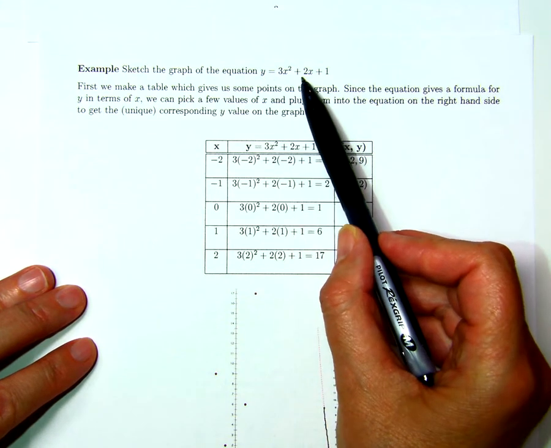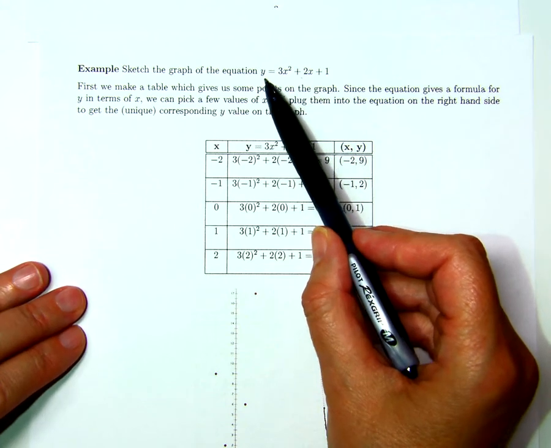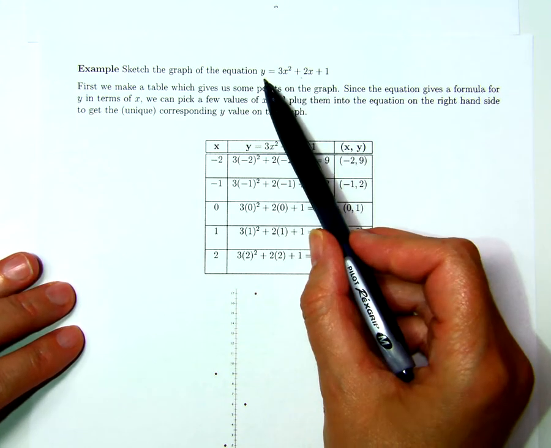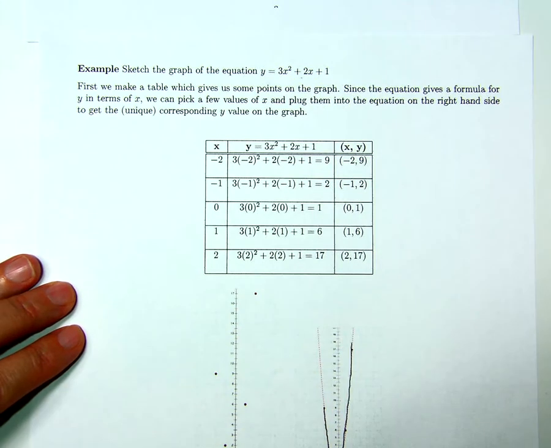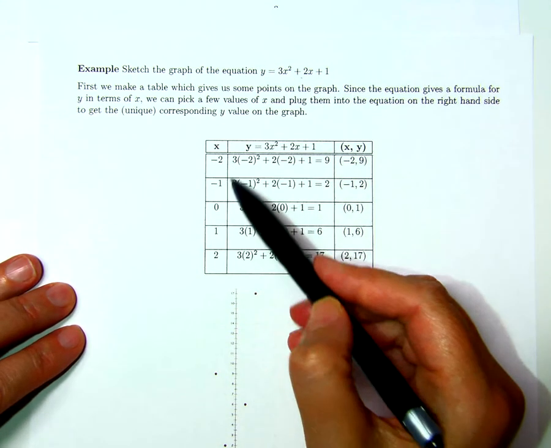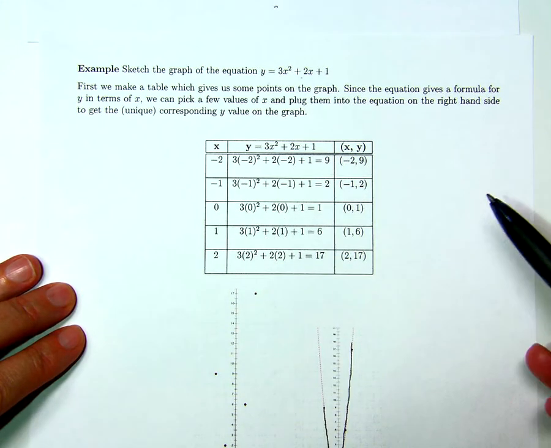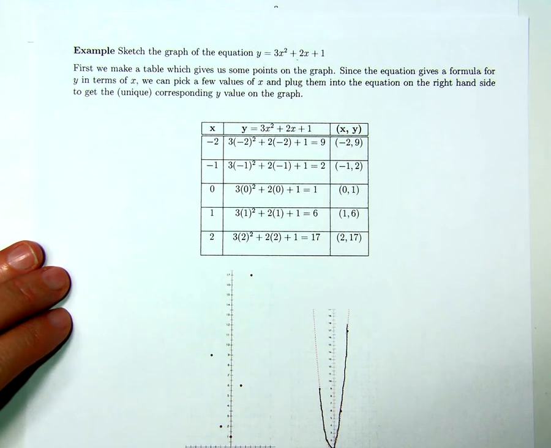So if I pick any x value, the y value on the graph is determined, because y equals 3x squared plus 2x plus 1 is the unique y which corresponds to that x on the graph. So I pick a few values for x. I'm going to take minus 2, minus 1, 0, 1, and 2. And that'll give me 5 points on the graph, and it'll give me a rough idea of what's happening with the graph around x equals 0.